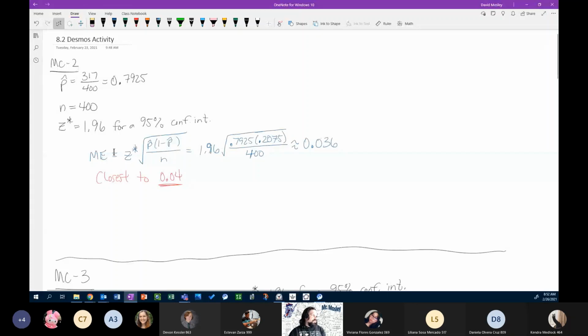So then we use the formula that the margin of error is equal to z-star times the square root of p-hat times 1 minus p-hat over n, right? Critical value times standard error. We replace all the numbers with our variables, and we get 1.96 times the square root of 0.7925 times 0.2075 divided by 400. We get approximately 0.036, meaning that our closest approximation of the available numbers is 0.04. We're closer to 0.04 than we are to 0.03.